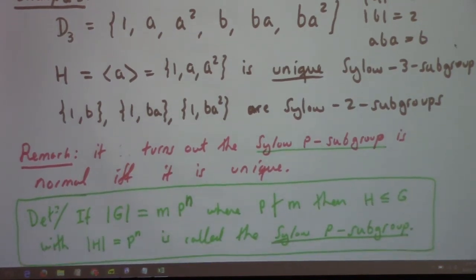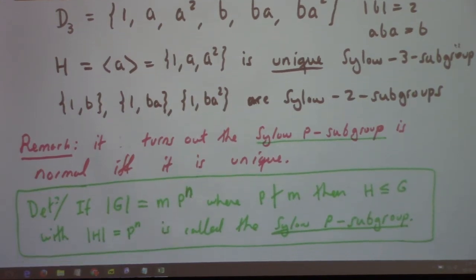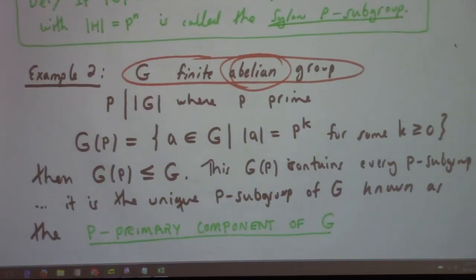Now, do you remember what we know about... well, one thing at a time. Let me go on. Example 2. If G is a finite abelian group, and P is a prime divisor of the order of G, then define G of P to be the set of A in the group such that the order of A is P to the power K for some K greater than or equal to 0.